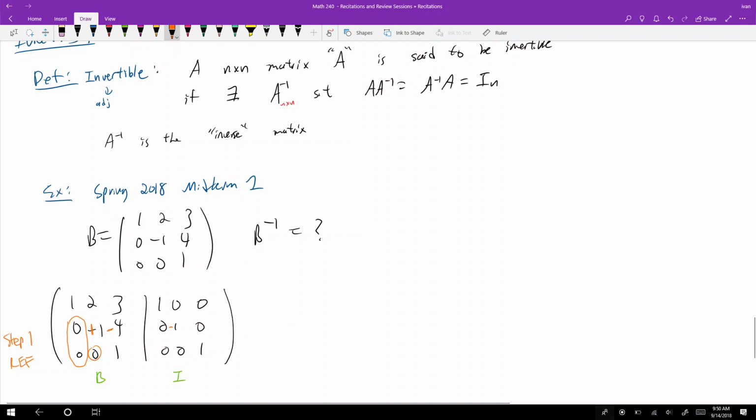Step 2 then is to reduce it into reduced row echelon form, which means I need to zero out these guys first. So how do I do that? Well, what are my equations to zero out those entries?